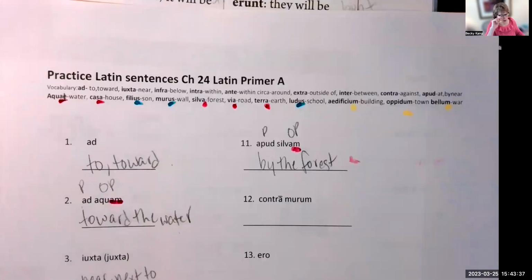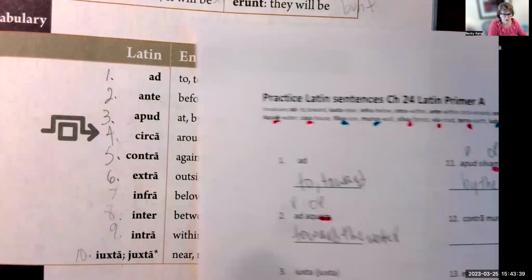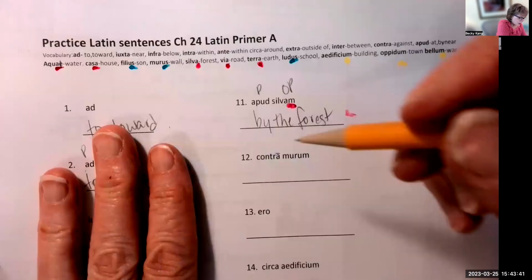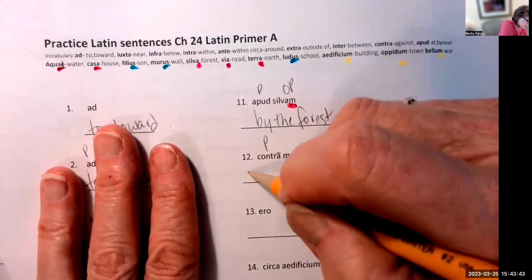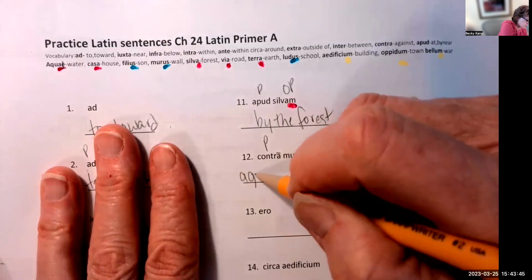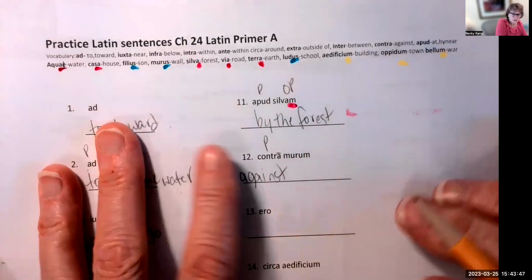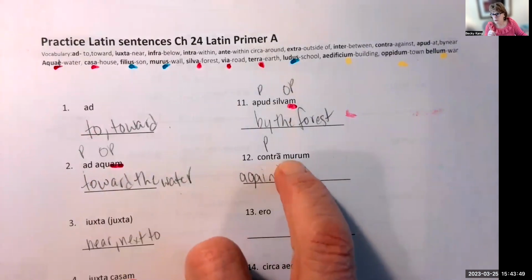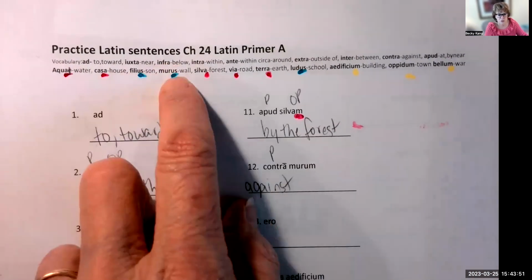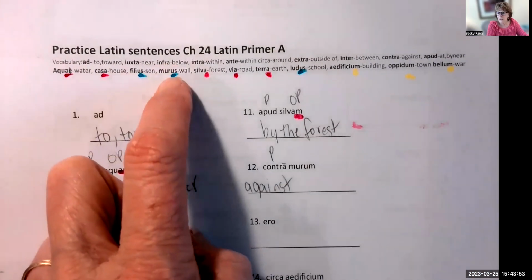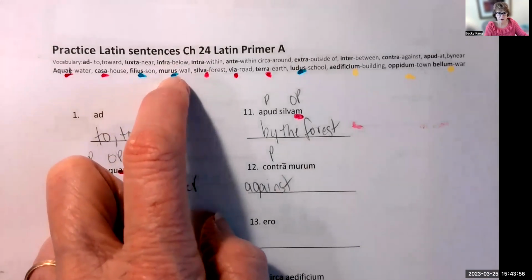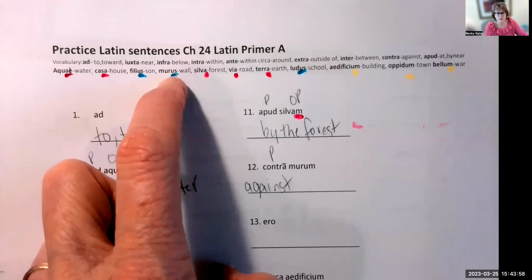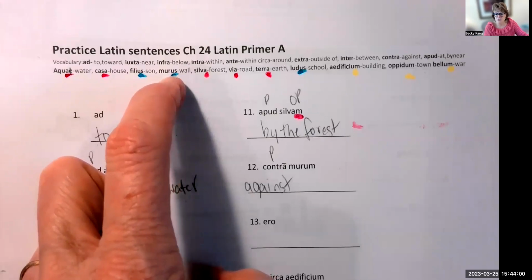Contra. What is contra? Do you remember what contra is? Against. Okay, that's your preposition, against. And what is murum? Well, you have to remember the derivative. Murus, muri. The vocabulary word. I think we learned this in chapter 7.